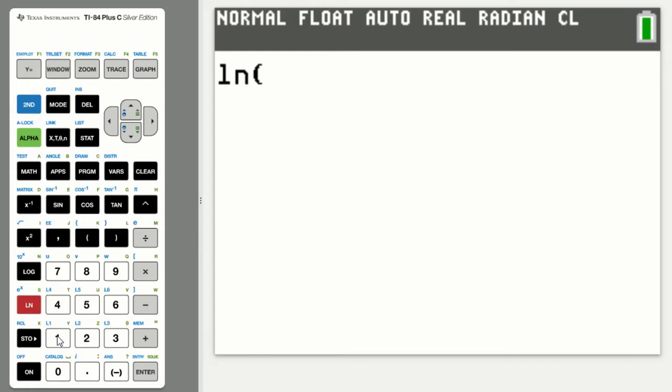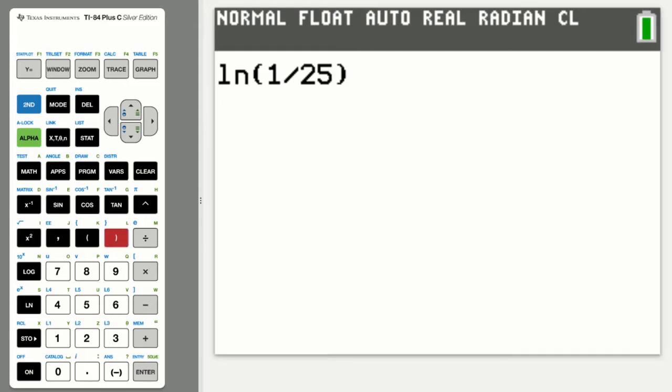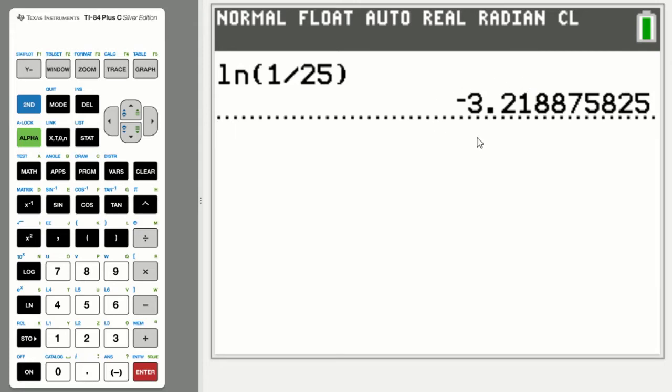Natural log. That takes one operation, and then inside of the logarithm, 1 divided by 25. It takes one operation and two operations, and we divide, and we end up with a value of negative 3.218875 and a lot longer.